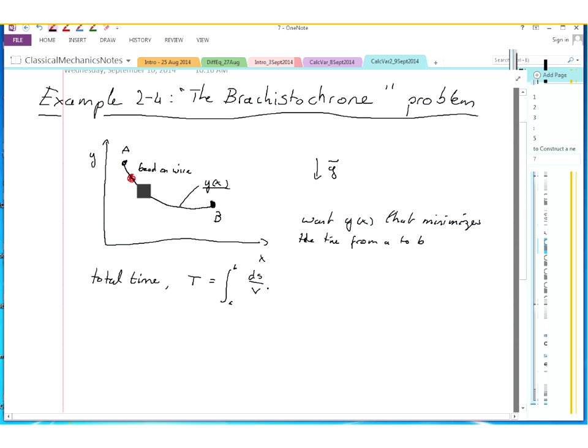of ds over v. ds is a small element of the wire that the bead goes along, and at some point along the wire it'll have some speed v.